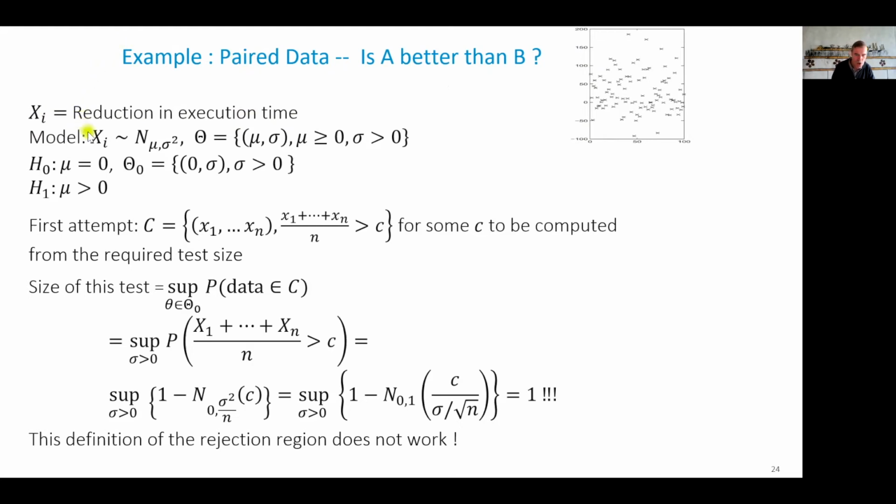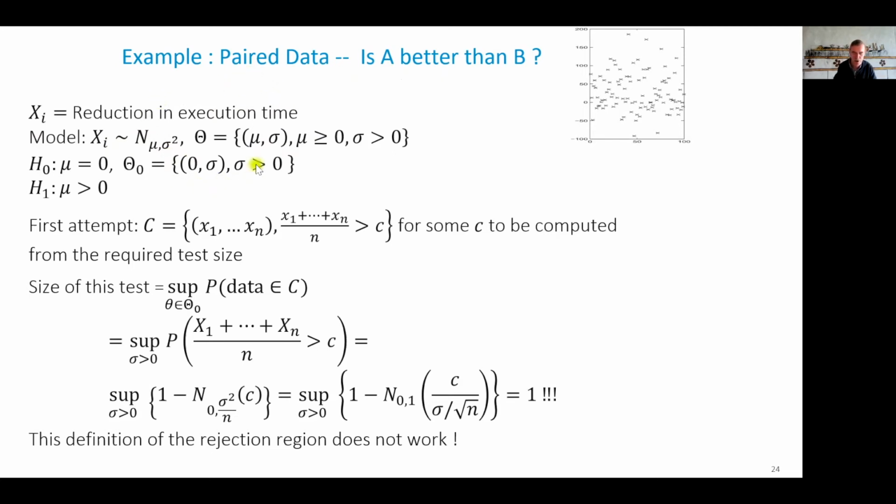And now the model, if we use an ANOVA thinking, consists in saying that the data that I've seen is following a Gaussian distribution with mean mu and variance sigma squared. And I want to know whether A is better than B here. Now, my model depends on what I am willing to accept.